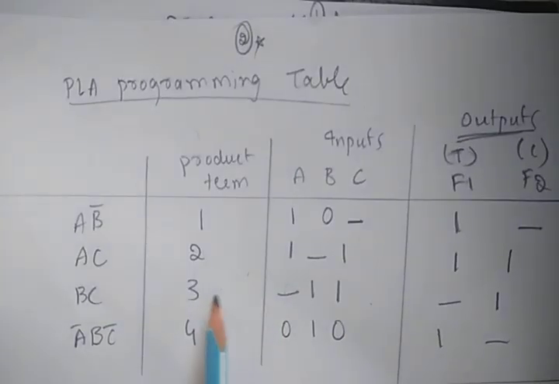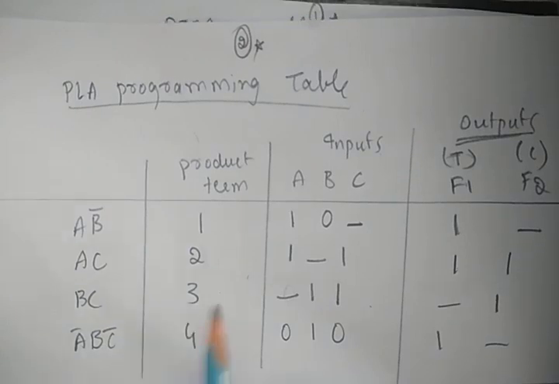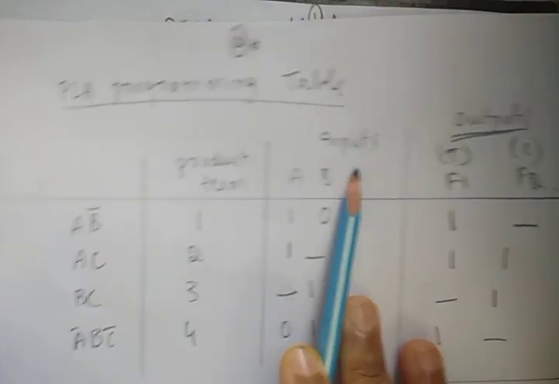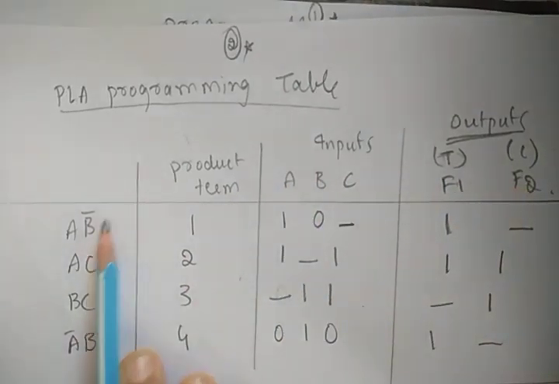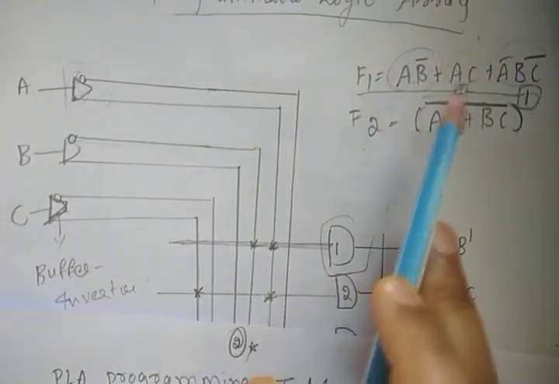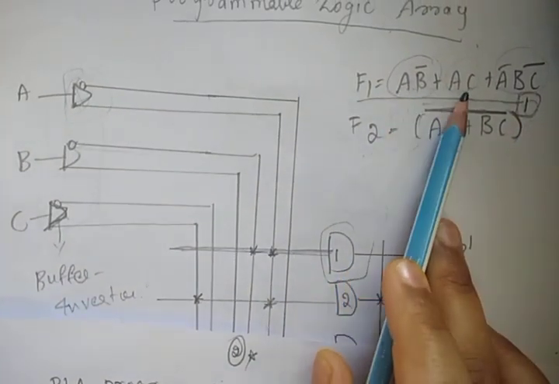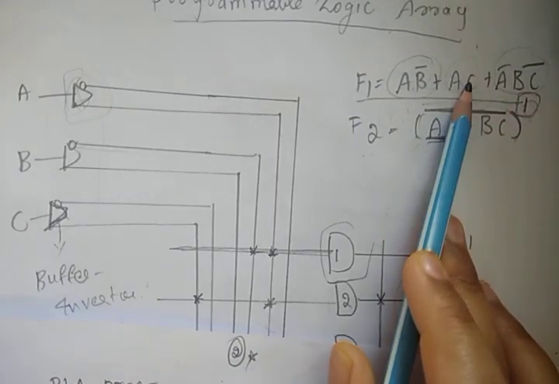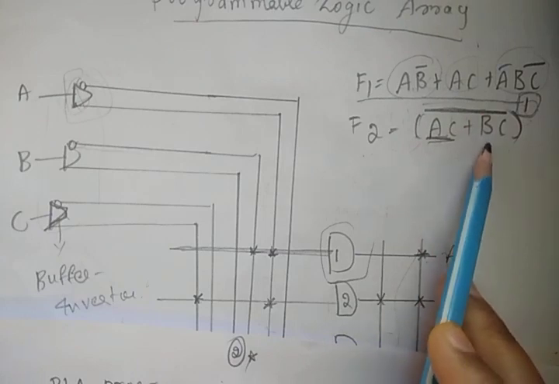Coming to the next, the PLA programming table. Here we basically have three sections. One is the product term section, then the input section, and third is the output section. So how many product terms do we have here? As you can see, function F1: A, B bar, AC, A bar, BC. Then AC is already present here. Then we have BC.